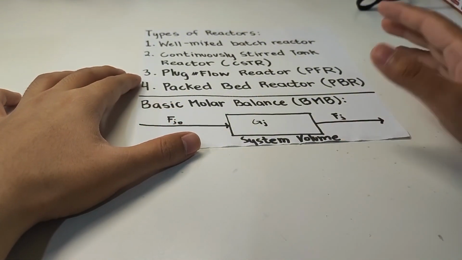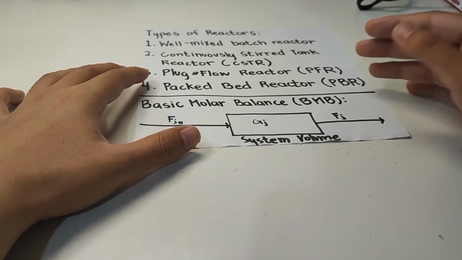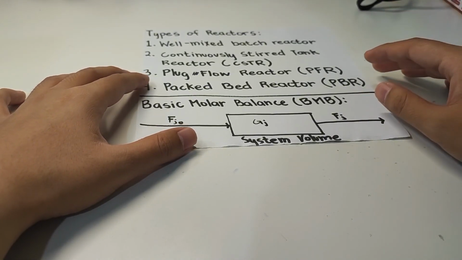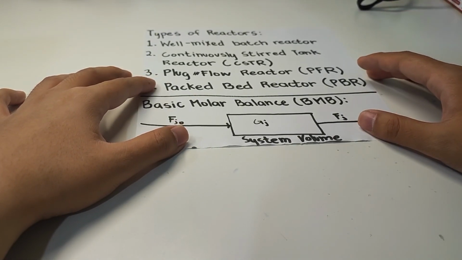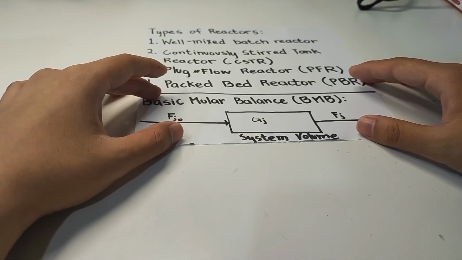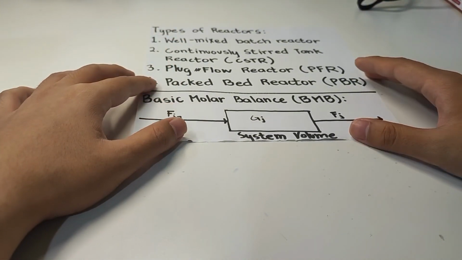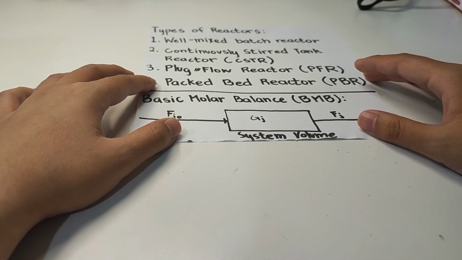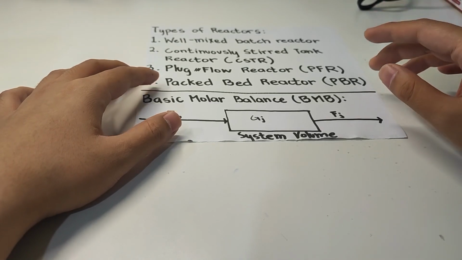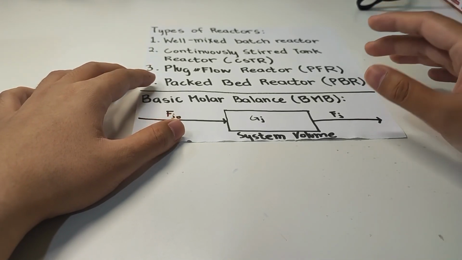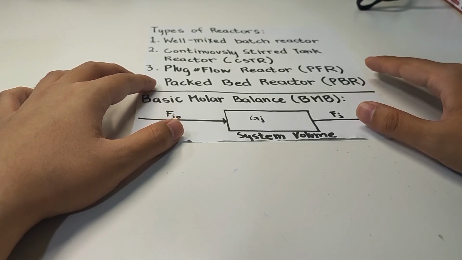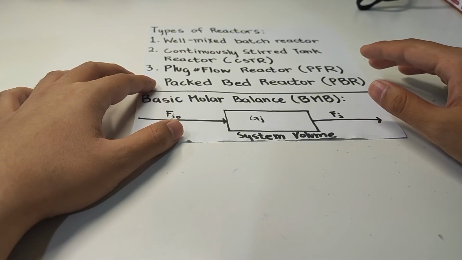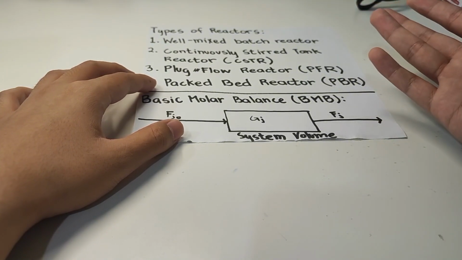Since we're going to be talking a lot about chemical reactions, an important note is that the rate of reaction means how fast a number of moles of one chemical species are being consumed to form another chemical species.